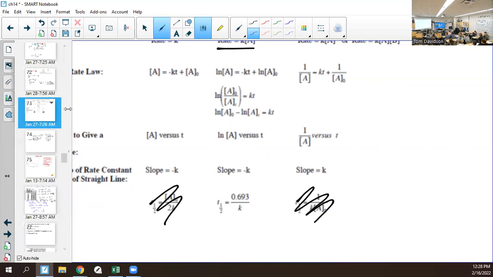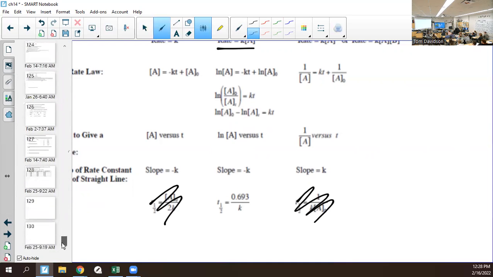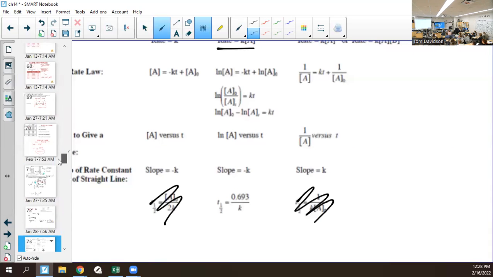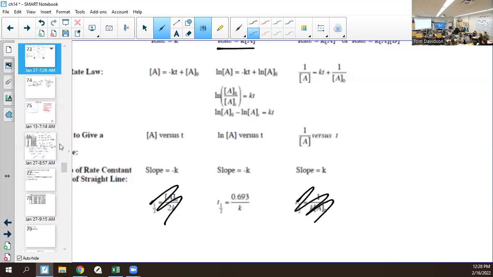We're on slide 73 out of 128. Great. So it's not bad. This is an entire unit of 8 of them on the AP test, just chapter 14.